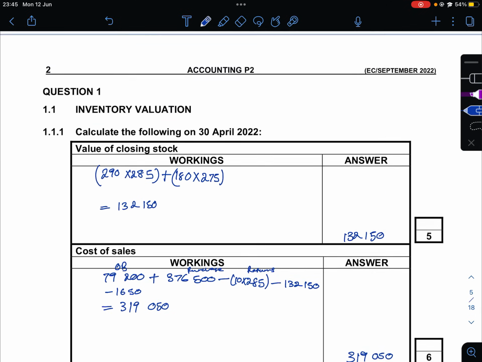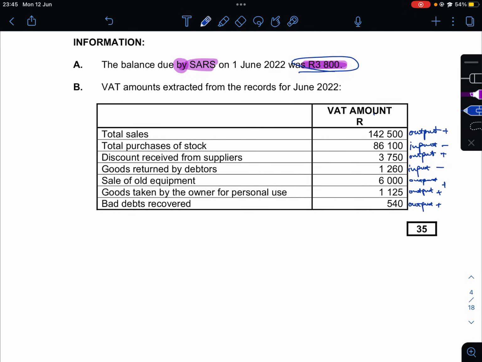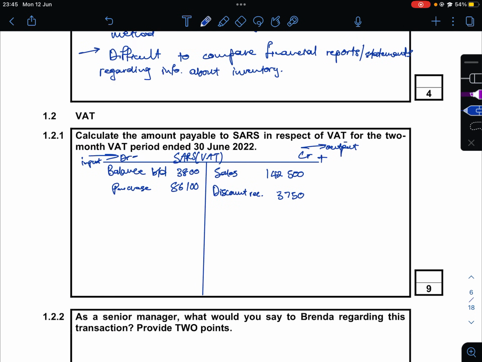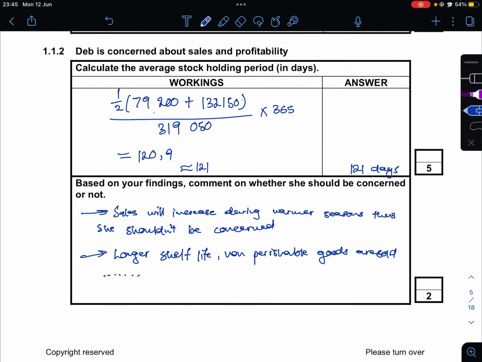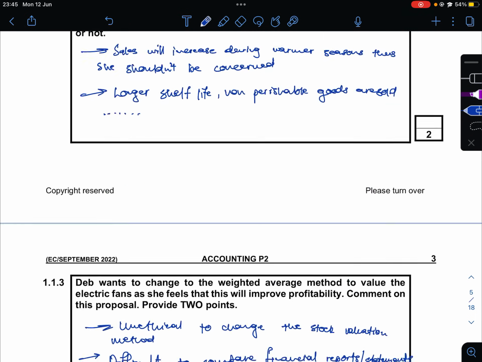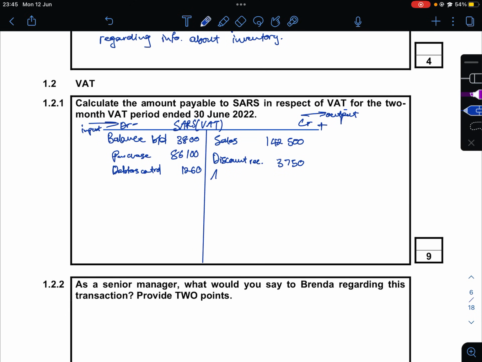And then it is now your goods returned. It's an input of 1,260. That is control, 1,260. And then you have your sale of old equipment, 6,000. You can just say asset disposal here.